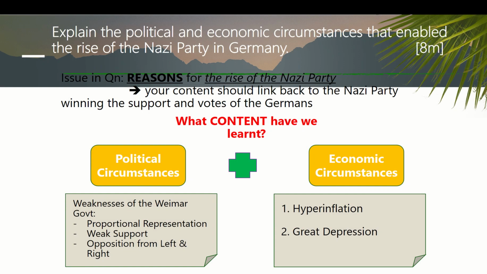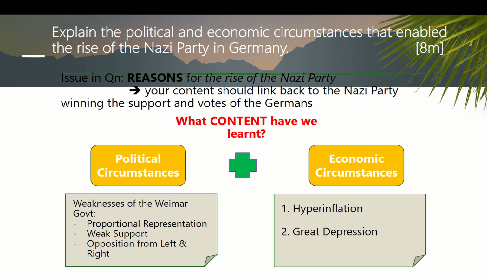Now, before you even start thinking about the content, Step 1, remember, you have to identify the issue in the question. In this case, the issue here is the reasons for the rise of the Nazi Party. So when we think about the rise of a party, or the rise of a personality, a person, a leader, what are we actually thinking about?